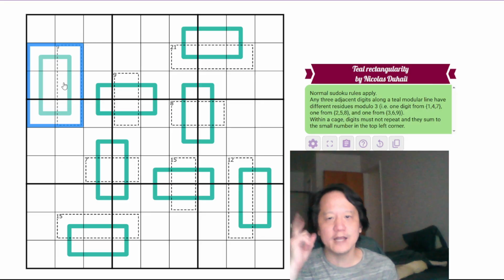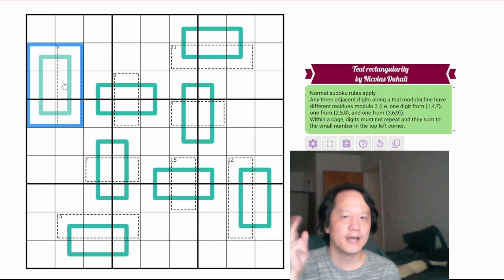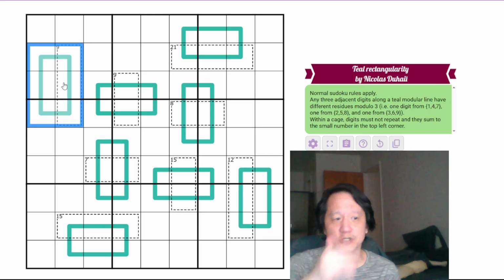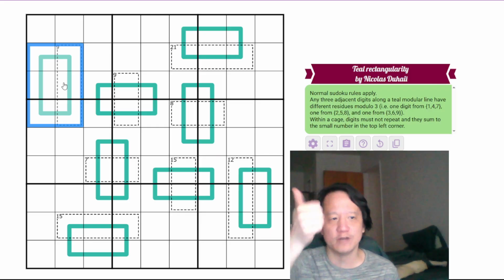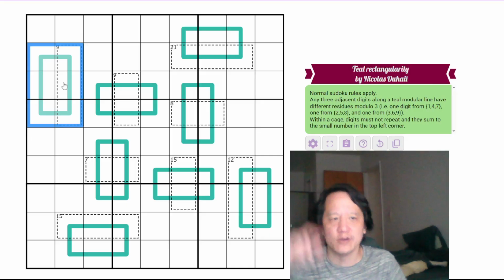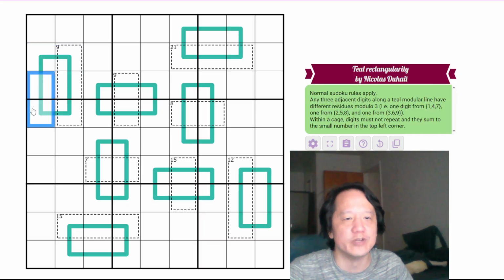So any 3 adjacent digits along a teal modular line have to be in different sets modulo 3. You have to have 1 from 0 modulo 3, 1 from 1 modulo 3, and 1 from 2 modulo 3 for every 3 digits.